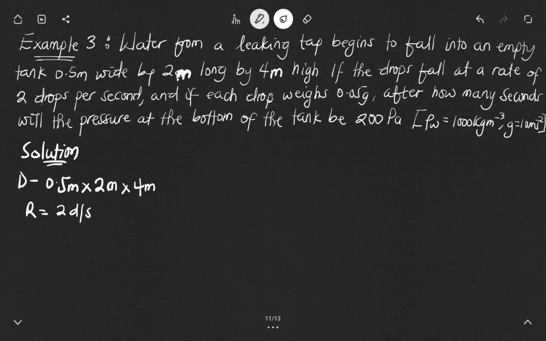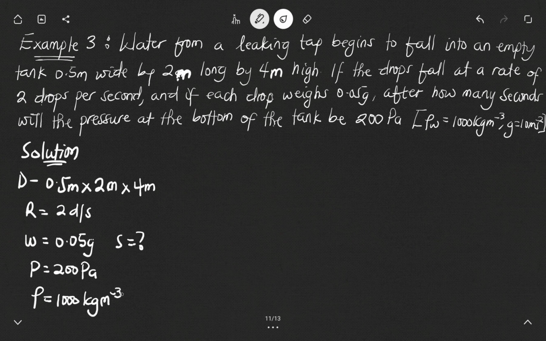And if each drop, the weight of the drop is 0.05 grams, after how many seconds will the pressure be 200 pascal? Given that the density is 1000 as usual, and our gravity is 10 meters per second squared. All right, so let's have a look at the solution for this particular problem.